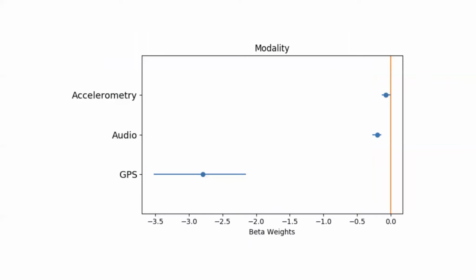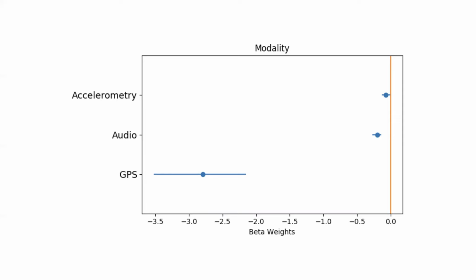Because we have information about each of the different response options, we can look at the distance between the correct answer and those options in different spaces. We can do that in the actual GPS locations, but also in terms of the distance between the audio segments and the accelerometry patterns that we saw.